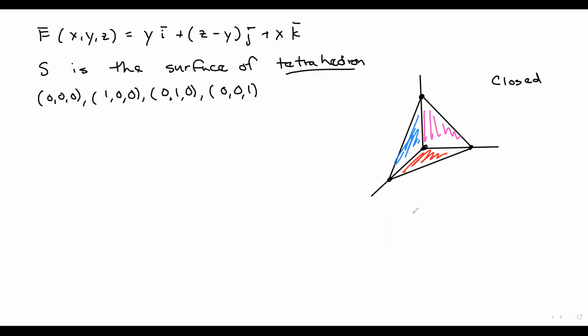If you're going to calculate the flux through a closed surface, it needs to be outward through all the sides, and you've got 4 sides, that means you've got 4 calculations to do: 1, 2, 3, and then the one that's facing us, the front. So you've got 4 different pieces to do.